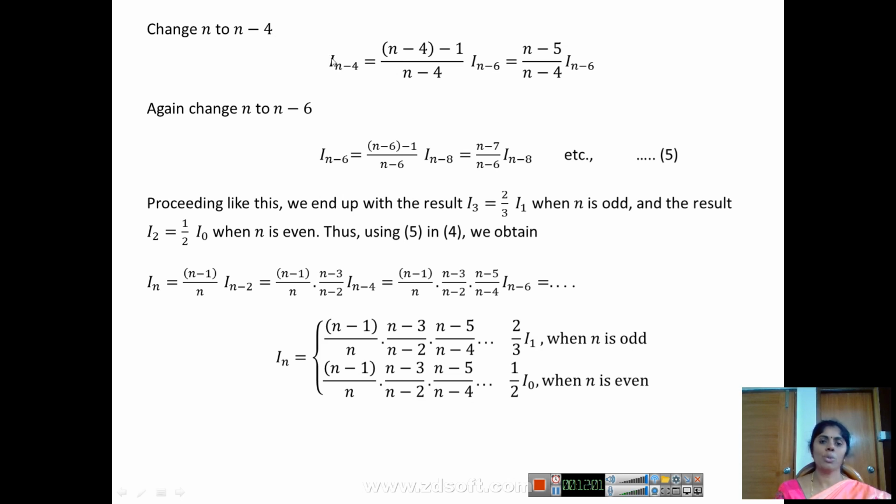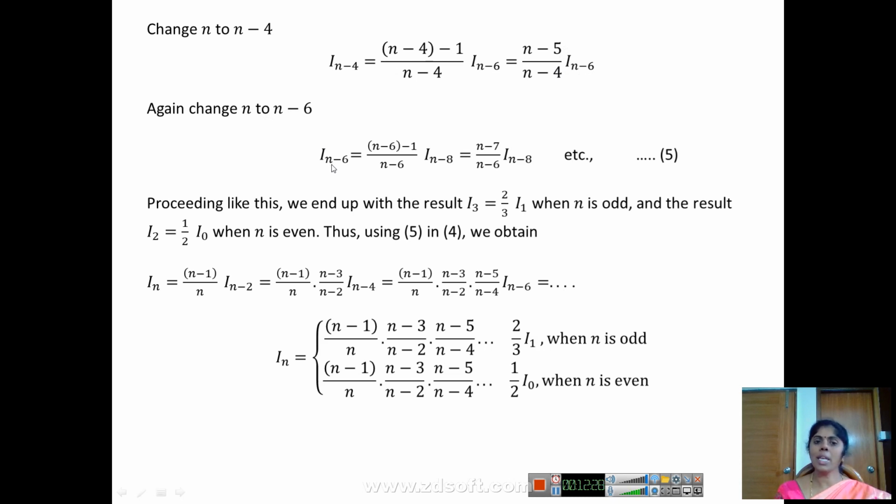So we'll get I_(n-4) equals (n-4-1) divided by (n-4) into I_(n-6). After simplification, we get (n-5) divided by (n-4) into I_(n-6). Now to get the value of I_(n-6), again we can change n to n minus 6 in equation 4.